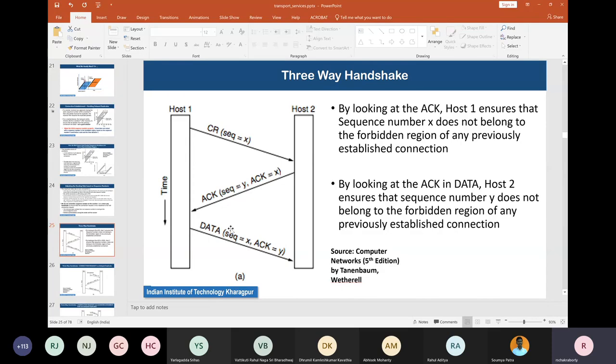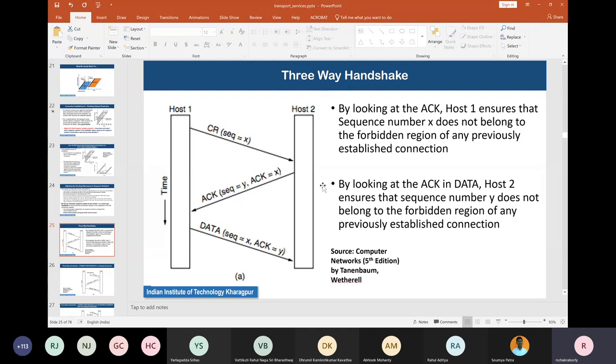And then host 1 knows that this guy has decided to use the starting sequence number Y. So it notes that down. And it is okay with me using sequence number X onward. So it then sends a data packet with sequence number X and acknowledgement Y. Why acknowledgement Y?